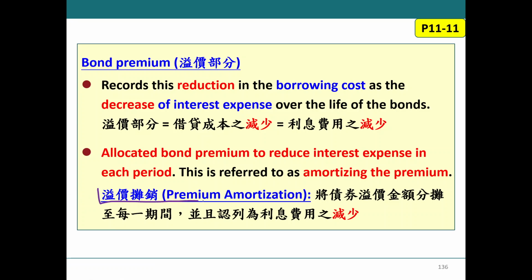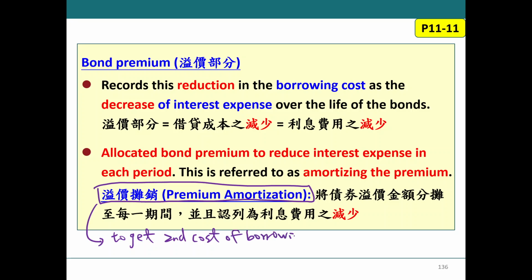So we call it premium amortization, 溢价摊销. Trying to get your second cost of borrowing for each period. Okay? And your second cost of borrowing in this case is premium.